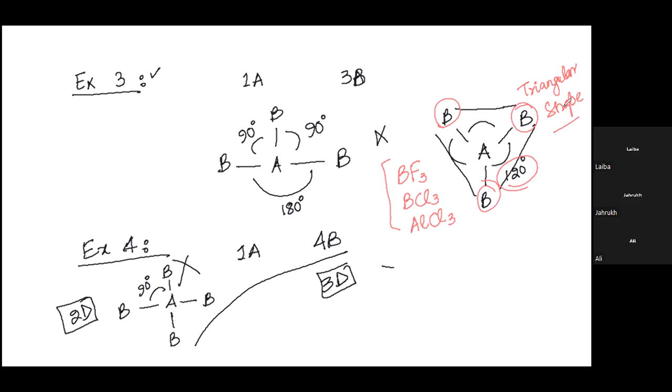I hope it makes much more sense now. When he wanted to combine two atoms, three atoms, 4, 5, and so on, every time he had some specific structure, some specific bond angle, some specific idea of shape with him. And that's what we are studying right now.